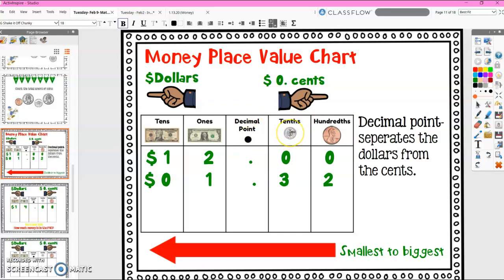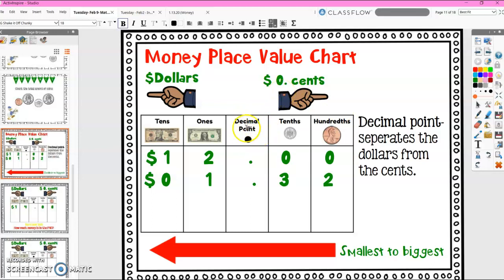After the decimal point, it gets a little tricky, okay? There is no ones place. There is a tenths place with the TH, and then a hundredths place with the TH, and then a thousandths place with the TH.